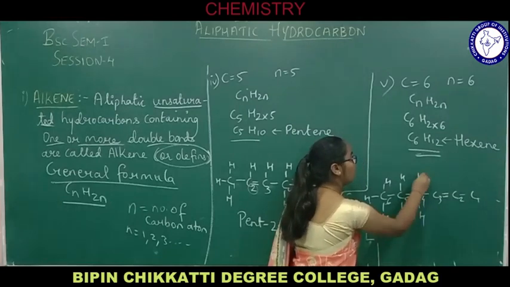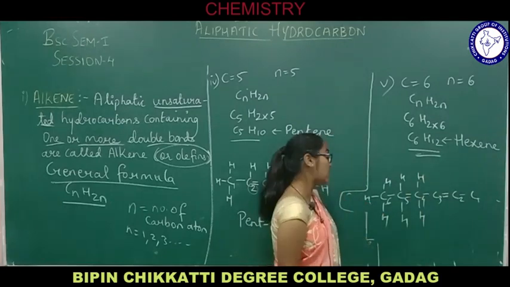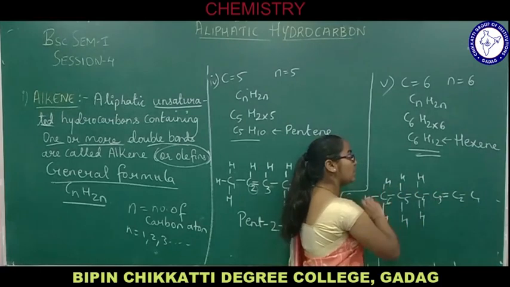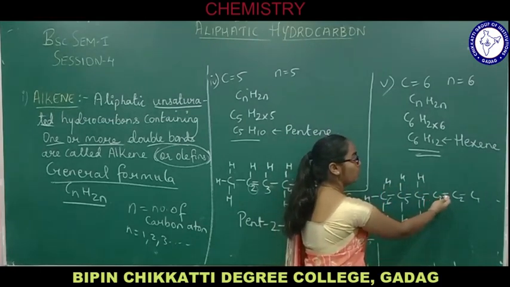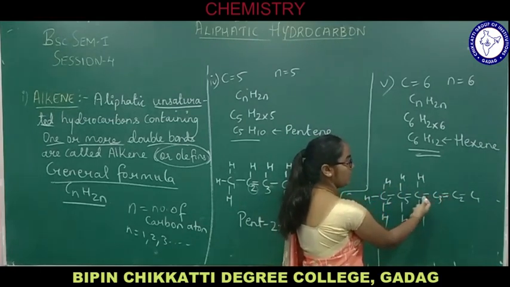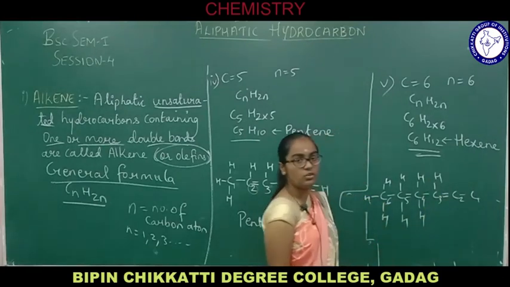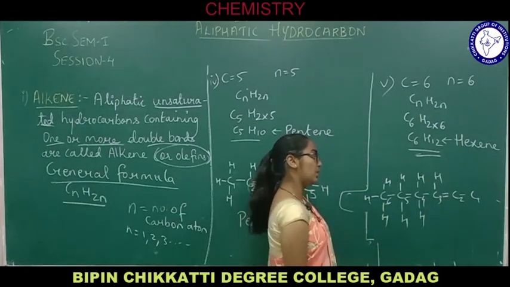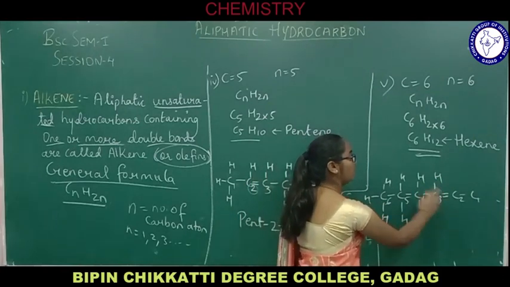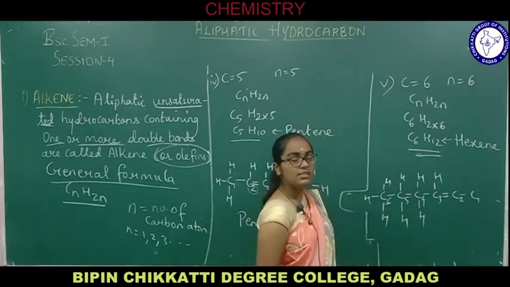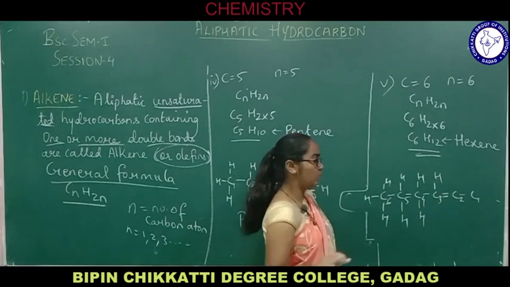Carbon number 4 will also have 2 hydrogen atoms over there. Now let's talk about carbon number 3. Here already 2 bonds are there and 1 bond is attached to carbon number 4. So it will have only 1 hydrogen atom binding with carbon number 3. In this manner 1, 2, 3, 4, it is balanced out by having 4 valency there.